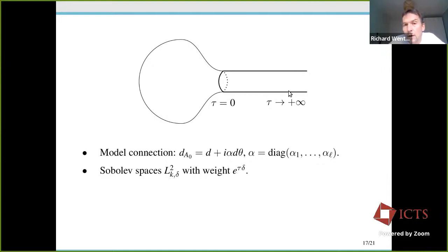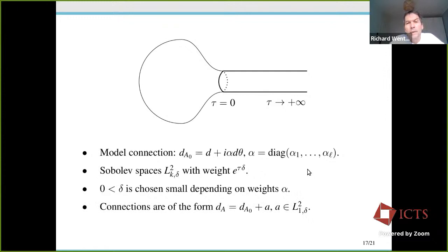So the coordinate tau is just the real coordinate going to infinity here, and then I just extend tau to be an arbitrary smooth function. I don't really care how. And then we weight all of the norms by e to the tau delta. And the choice of delta is very important. It has to be sufficiently small depending upon the particular choice of weights here.